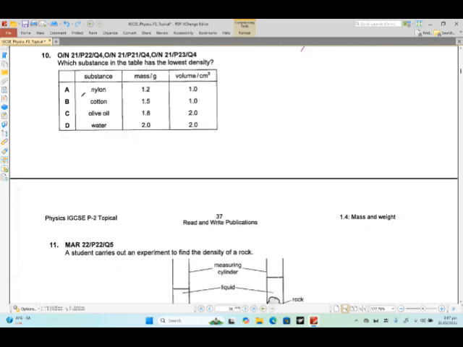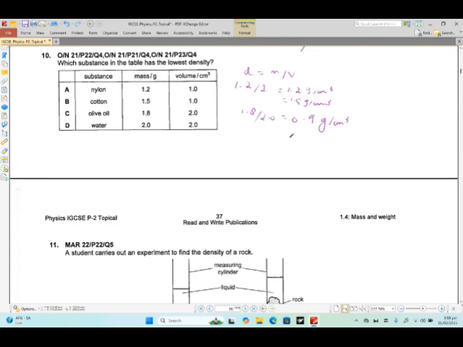Which substance in the table has the lowest density? Again, density is equal to mass per volume. So we are going to use these values. For the first one, our mass is 1.2 and our volume is 1, so it would be 1.2 grams per centimeter cube. The other one is 1.5 grams per centimeter cube. For this one, we have 1.8 divided by 2, and this gives us 0.9 grams per centimeter cube.